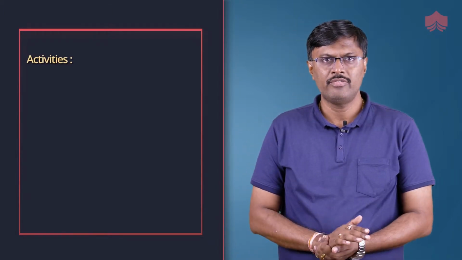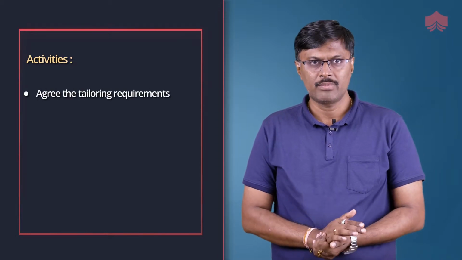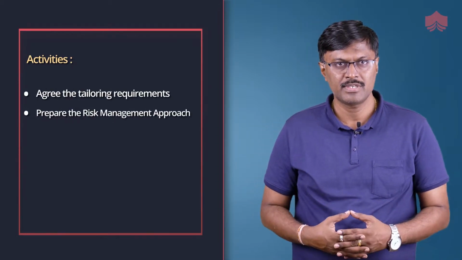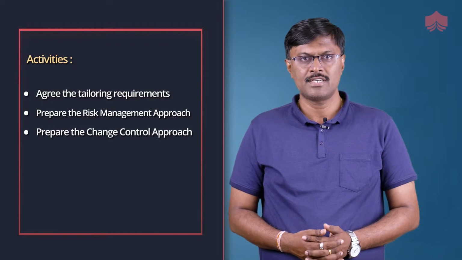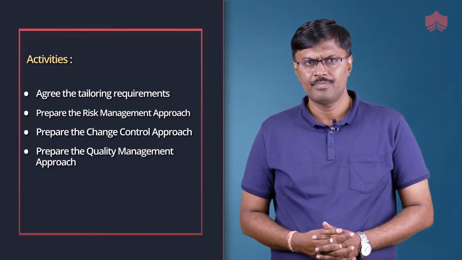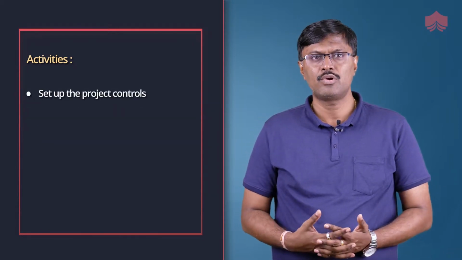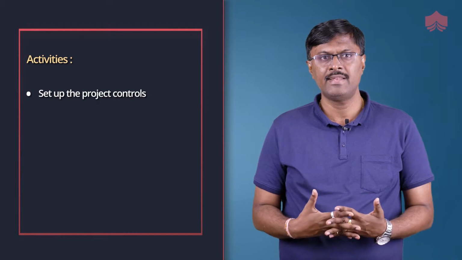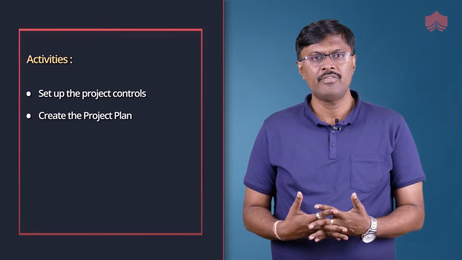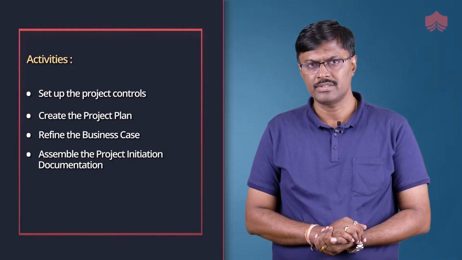The activities of initiating a project process are agreeing the tailoring requirements, prepare the risk management approach, prepare the change control approach, prepare the quality management approach, prepare the communication management approach, set up the project controls, create the project plan, refine the business case, and assemble the project initiation documentation.